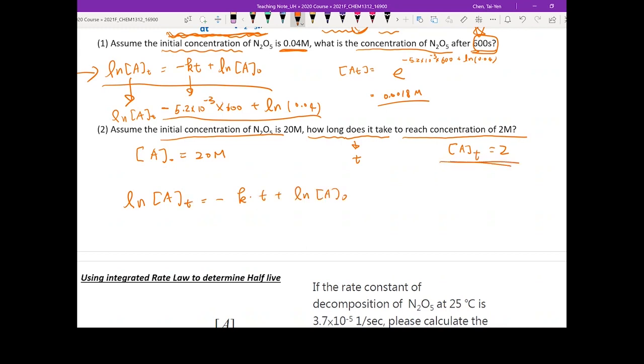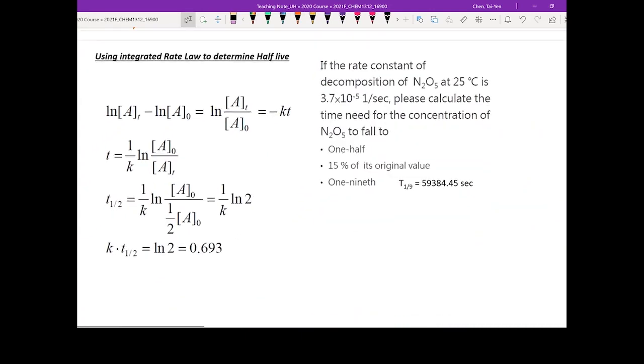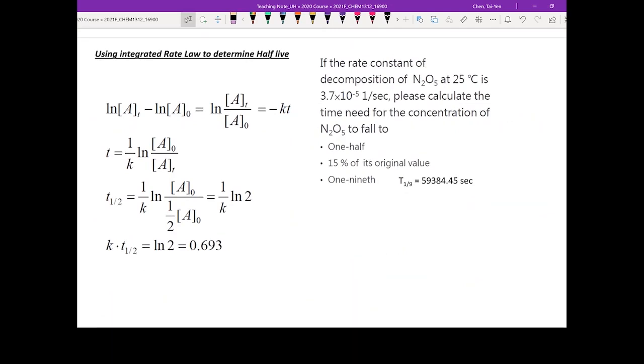Plug this in here, you get natural log 2 equals minus k, where k is 5.2 times 10 to the negative 3, multiplied by t, plus natural log A naught, which is 20. You just use this equation to solve for your t. The t is going to equal 442.8 seconds.